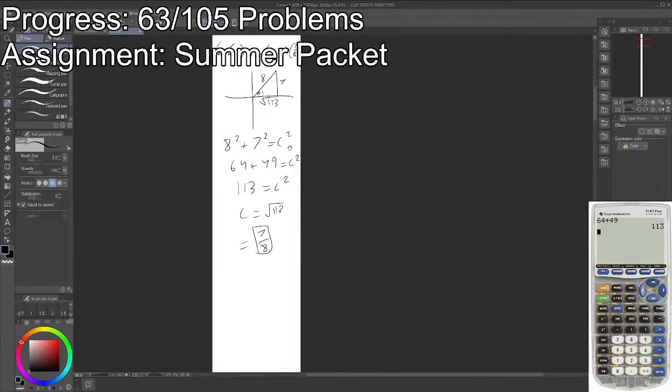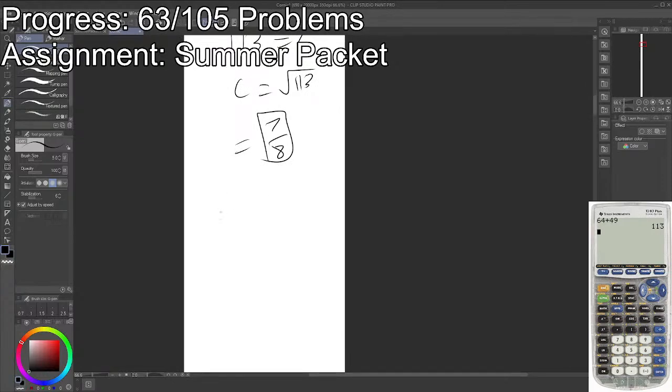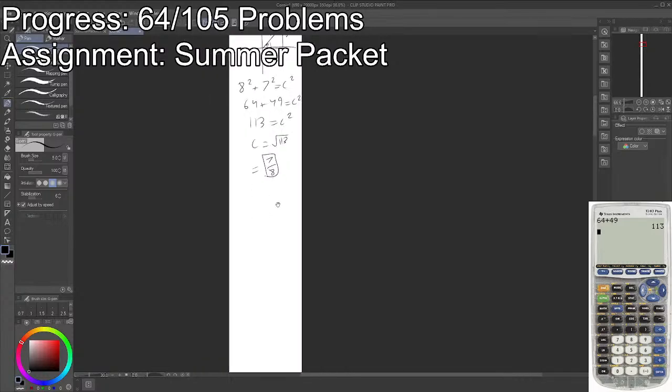And that is 66 solved. Nice. Flying through these after going past that one set of problems. Took like the whole stream last time to do half of them.